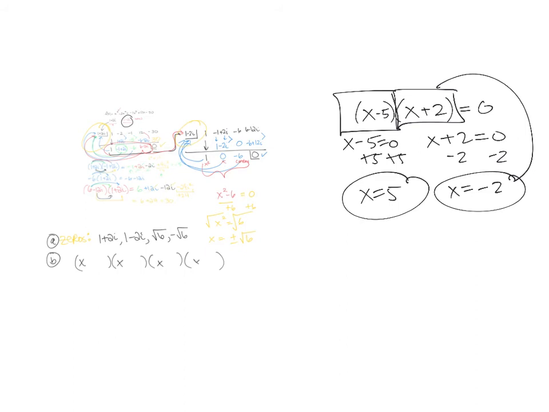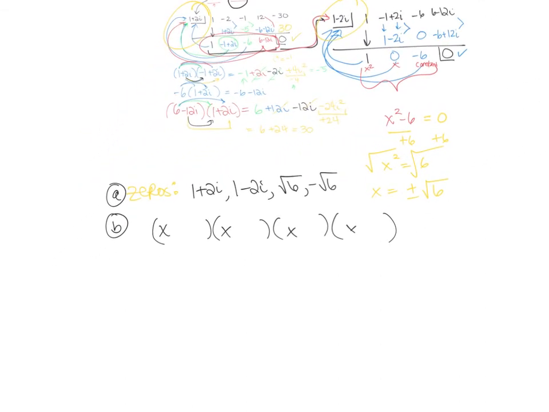So if I know that 5 is a 0, then I can just write x minus 5. So if I look over here, since I know 1 plus 2i is a 0, I can just write x minus, and then I'll just leave it as 1 plus 2i. And I'll do that for these other ones as well. 1 minus 2i, and I'll put minus the radical 6, oops, and then minus the negative radical 6. But I guess you could just put this as x plus the square root of 6.